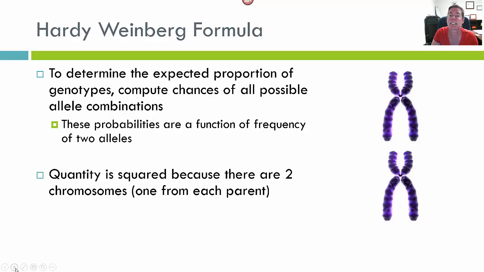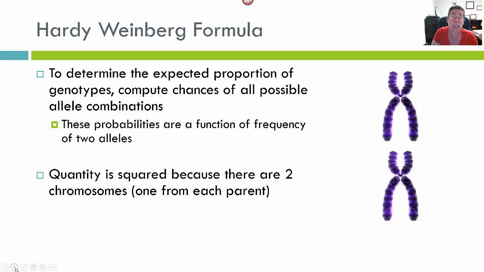To determine the expected proportion of genotypes, the first thing we do is compute the chances of all possible allele combinations. What's the chance that A combines with B? These probabilities are a function of the frequency of the two alleles.